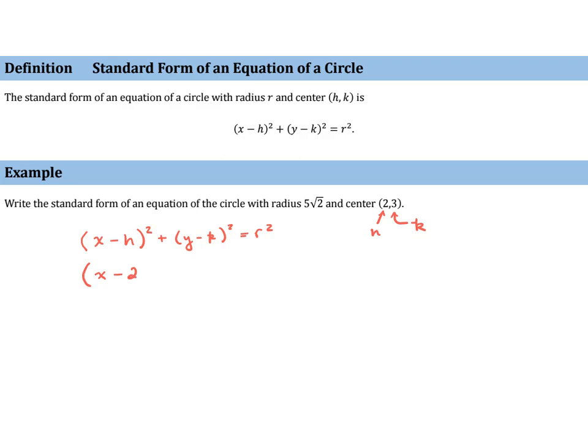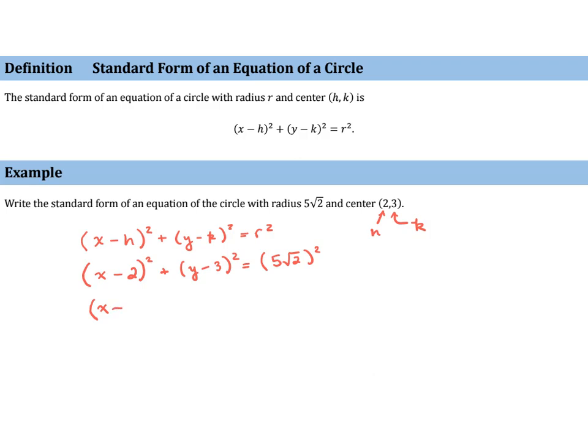So x minus 2, quantity squared, plus y minus 3, quantity squared, equals, now we need to square the radius. So (5 square roots of 2) squared.